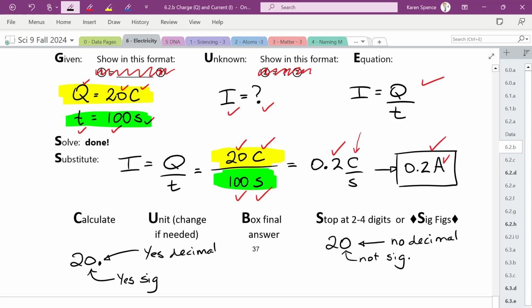No decimal, not significant. Yes, decimal, yes, significant. Those are the weird ones. So technically 20 has only one sig fig. 100 also has only one sig fig, so our answer has only one sig fig. Okay?